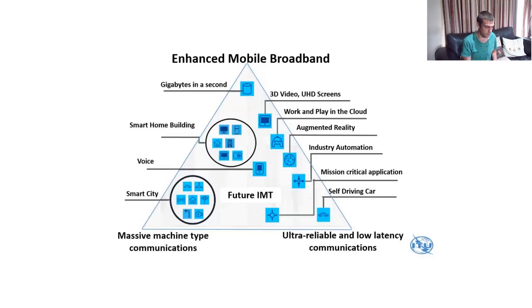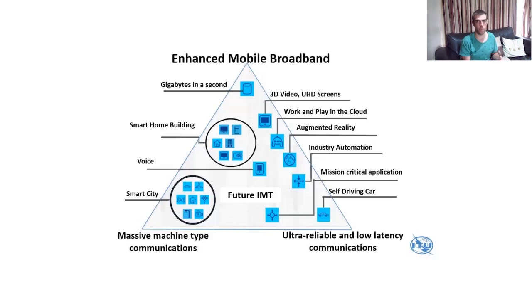One other, the second biggest reason, is ultra reliable and low latency communications. A typical future application of that might be a self-driving car. You don't want a car that's connected to the internet using a mobile network to have any delays or be unreliable, because it's a safety issue if it isn't.